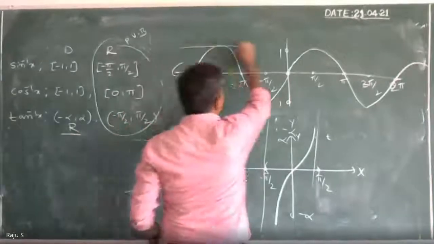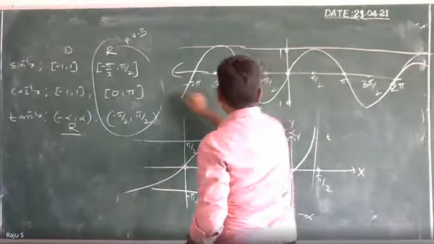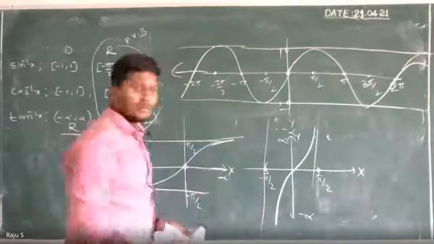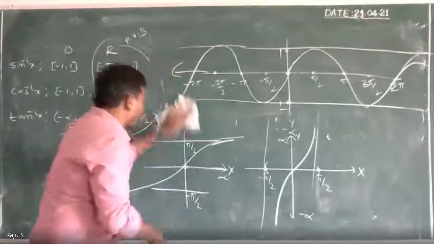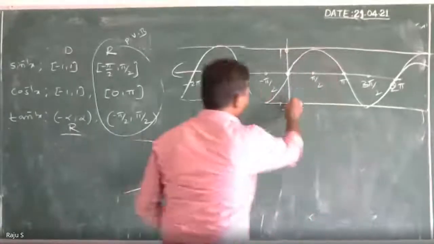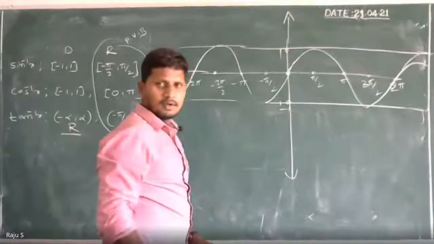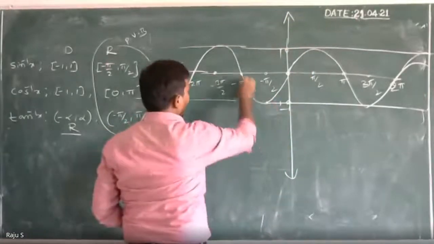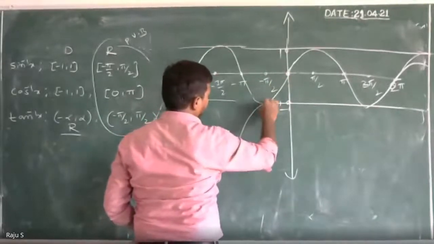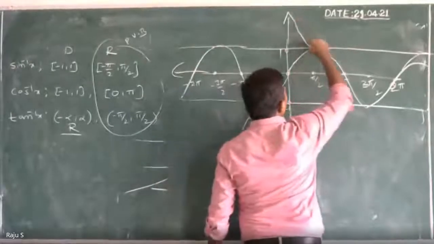So what is the border here? The maximum value of sine is 1 and the minimum value of sine is minus 1, right? Then what about the cosecant x graph? You can start the graph from this corner like this.